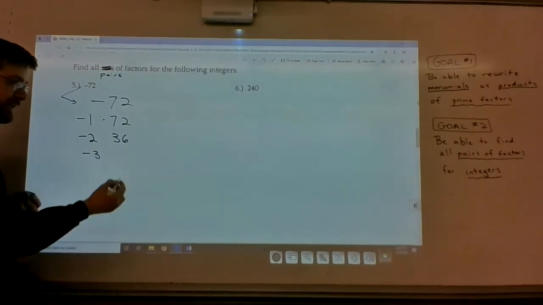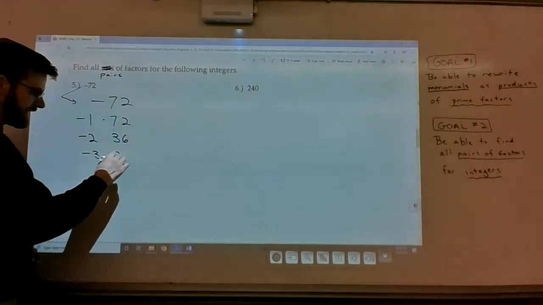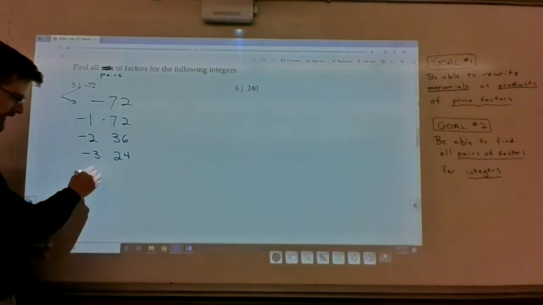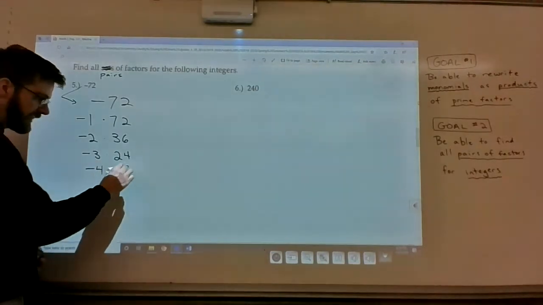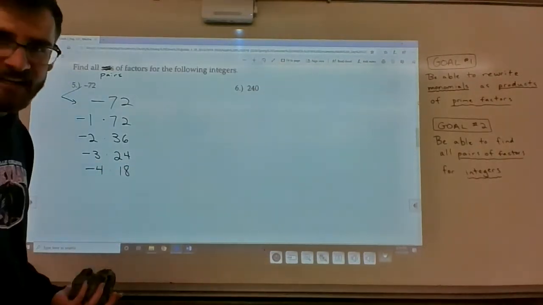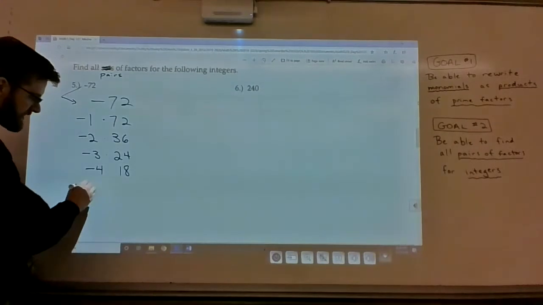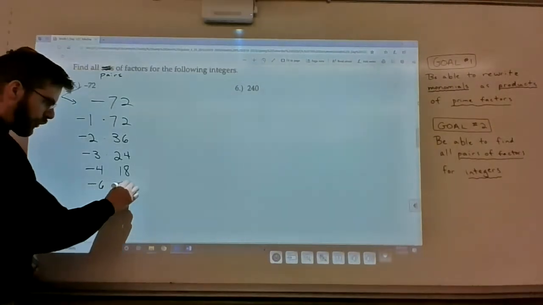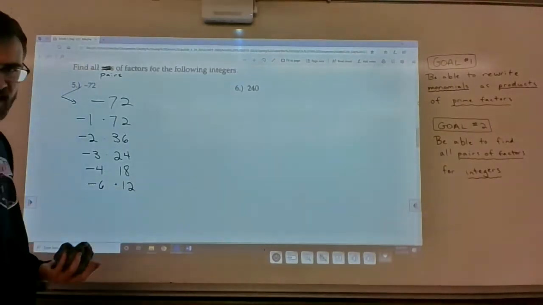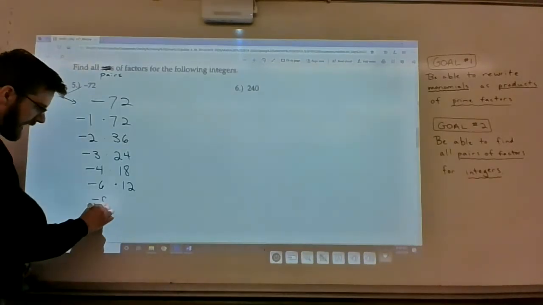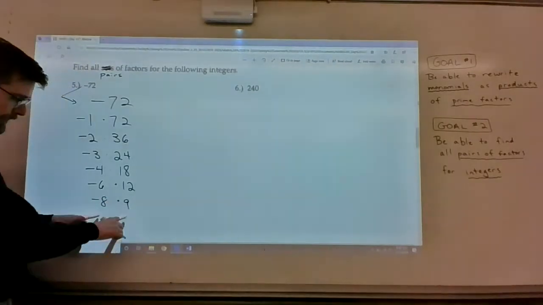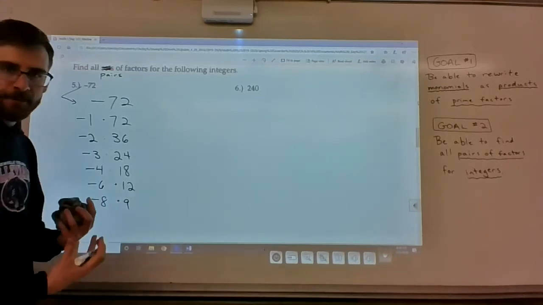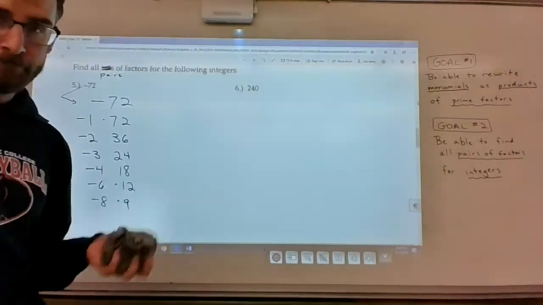So does negative 3 divide 72? It does. Does negative 4 divide 72? It does. 5 doesn't because it ends in a 2. 6 does. It ends up being 12. 7 does not. 8 does. And then once you find that you're pretty close to each other, 8 and 9 are side by side, you're done.